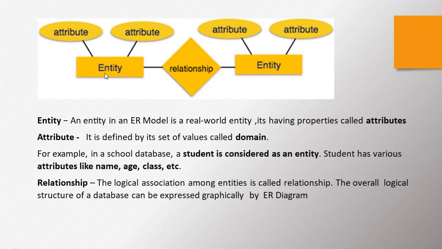So customer is one entity and account is another entity. The two are related in the bank domain. So the logical association among entities is called a relationship. The overall logical structure of a database can be expressed by using this entity relationship diagram.